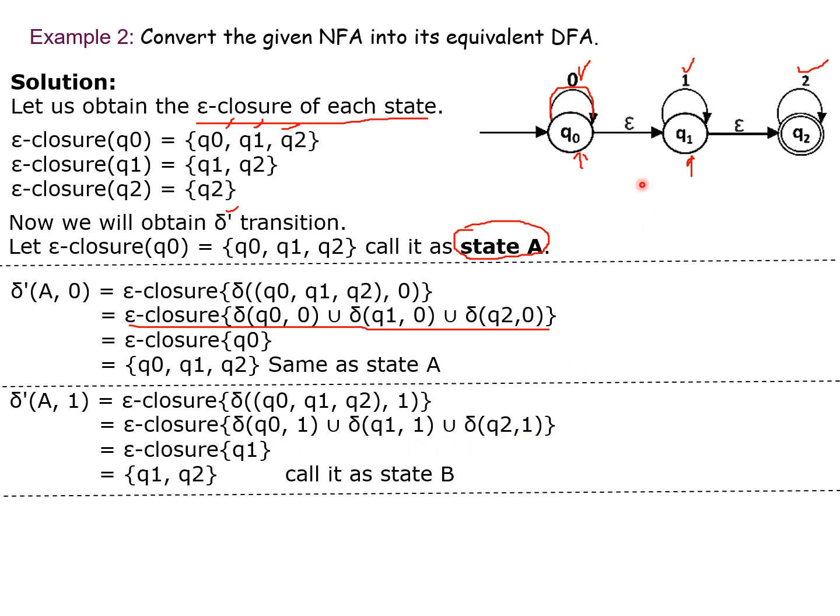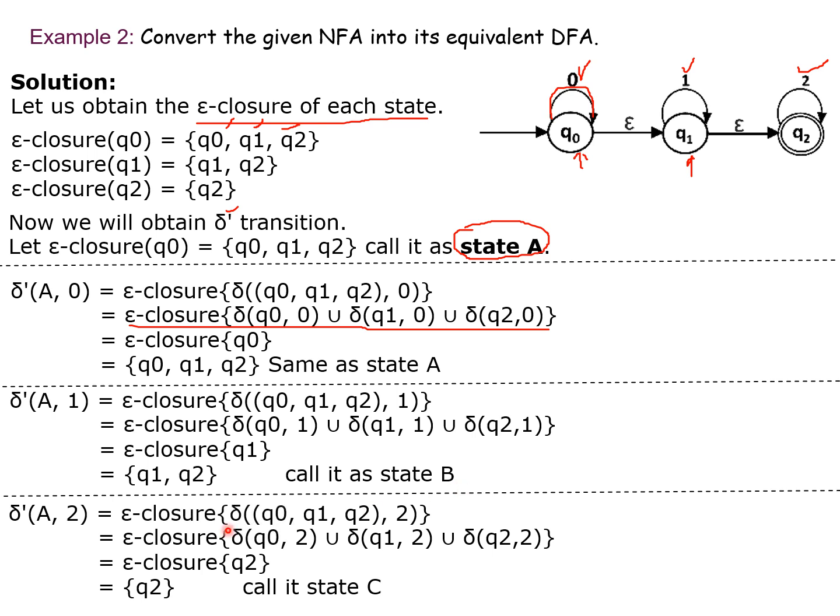There is no transition on Q0 on 1 and none on Q2 on 1. Only Q1 has a transition on 1, going to the same state. E closure of Q1 is Q1, Q2, which is a new state not similar to A, so call it state B.